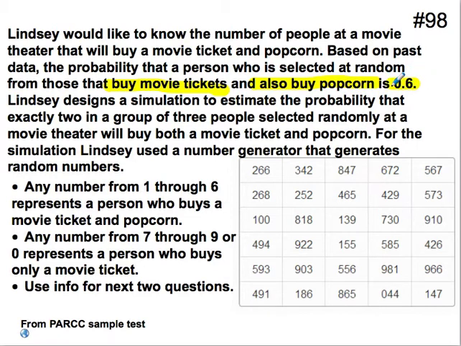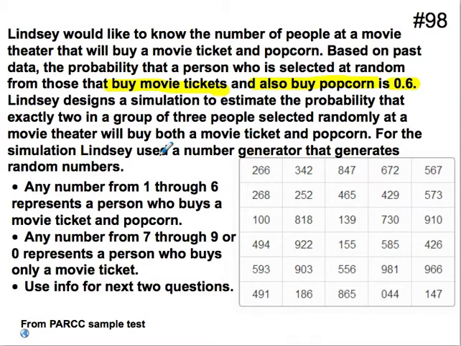So she's testing it. She's doing an experiment to test it. And she's estimating that exactly 2 in a group of 3, because 2 out of 3 is 0.6 repeating, at a movie theater will buy both a movie ticket and popcorn.